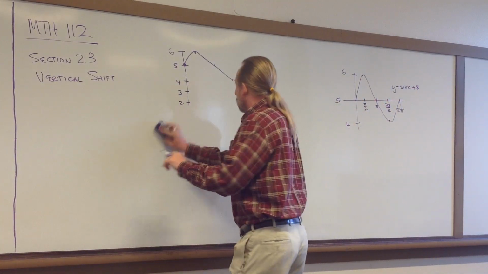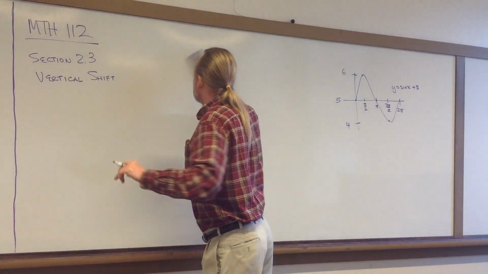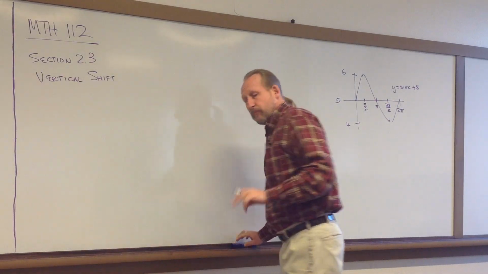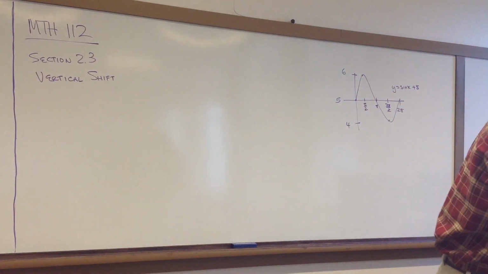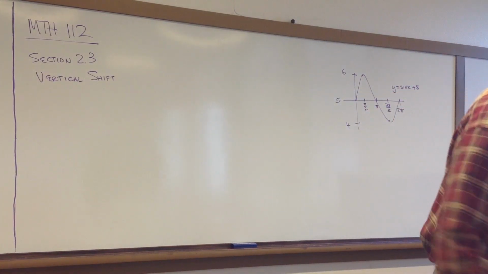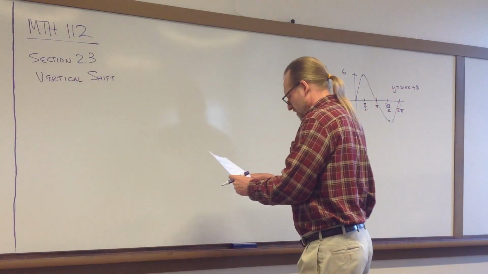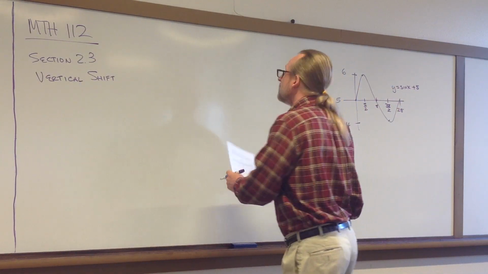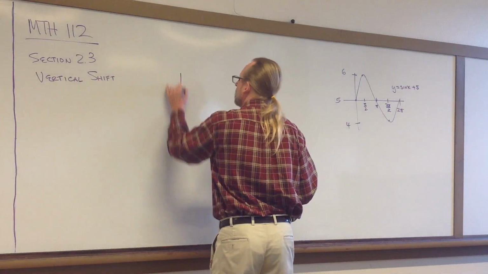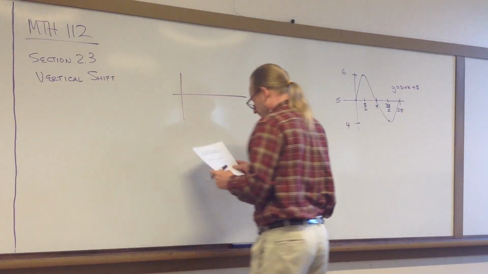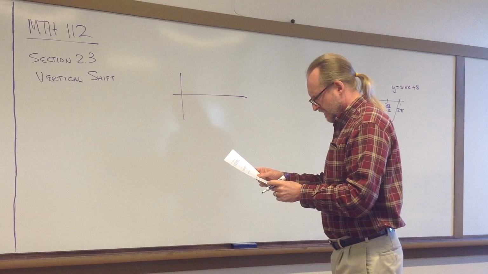Now, we'll look at some example problems in a few minutes, but I also want to talk about going in the opposite direction. So if we've got a graph, and I'm going to draw this a little bit differently than the way it's drawn in the textbook.